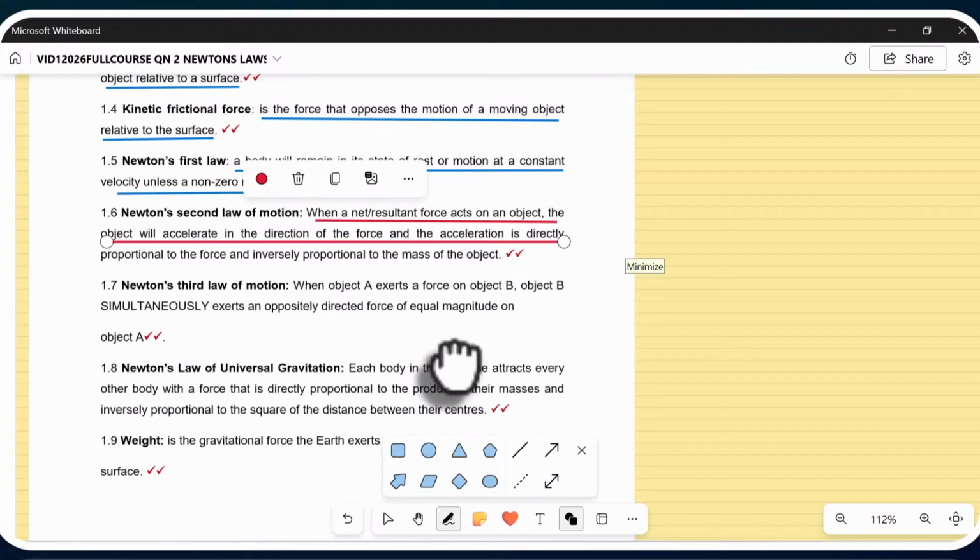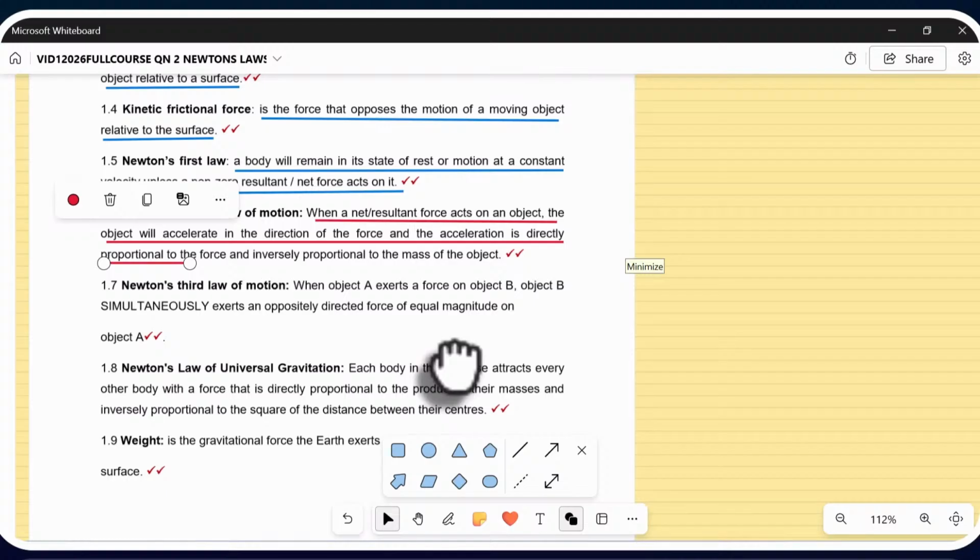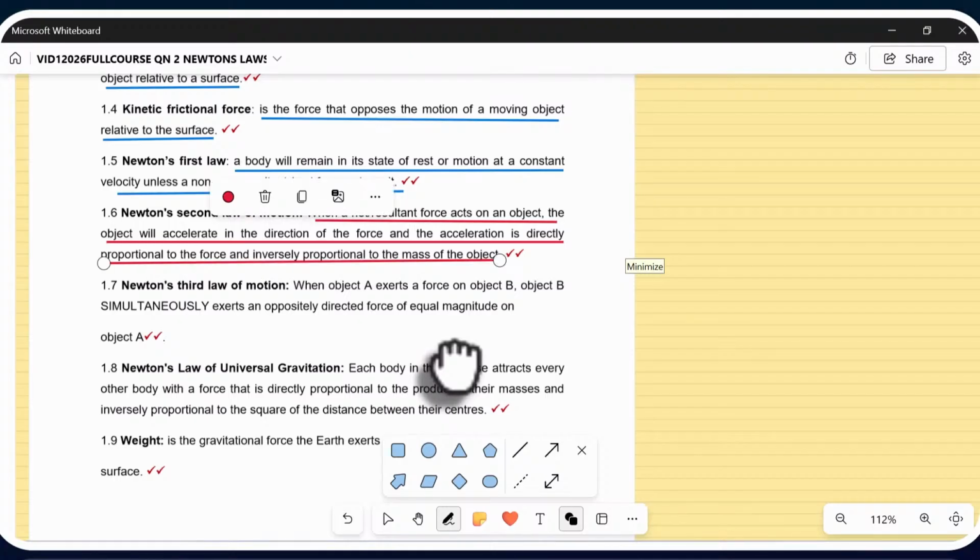I repeat, if they say state Newton's second law of motion, we say that when a net or resultant force acts on an object, the object will accelerate in the direction of the force, and that the acceleration is directly proportional to the force and inversely proportional to the mass of the object.